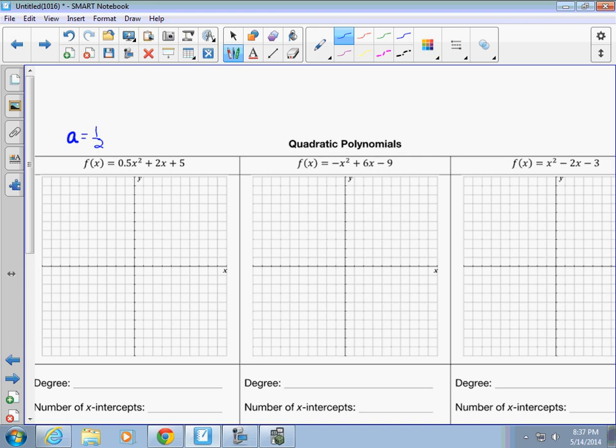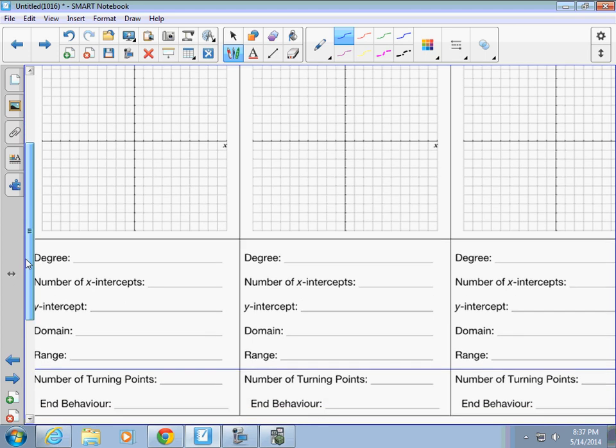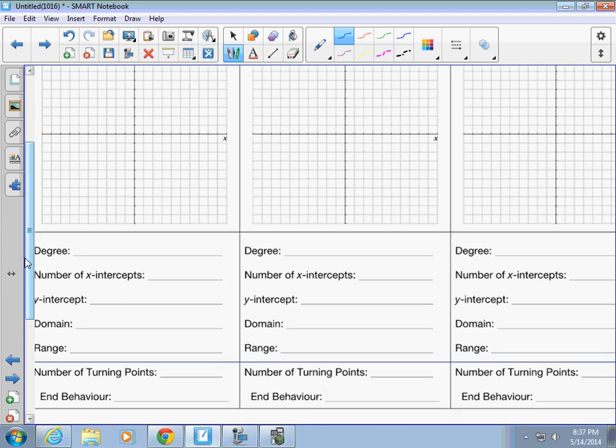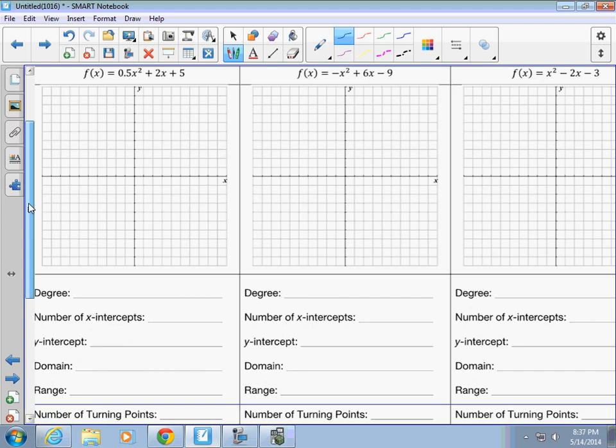So that means your y-intercept is going to occur at that value, because to find the y-intercept, you let x equal 0. So I'd have 0 squared, which is 0, so that's going to get rid of my 0.5. 2 times 0 is 0. So your y-intercept is at 5. So you know your graph is going to be crossing at 1, 2, 3, 4, 5.